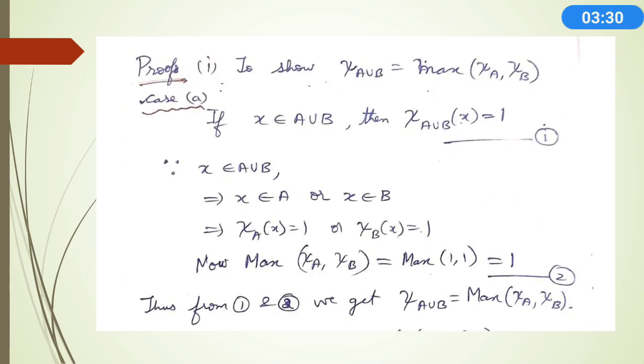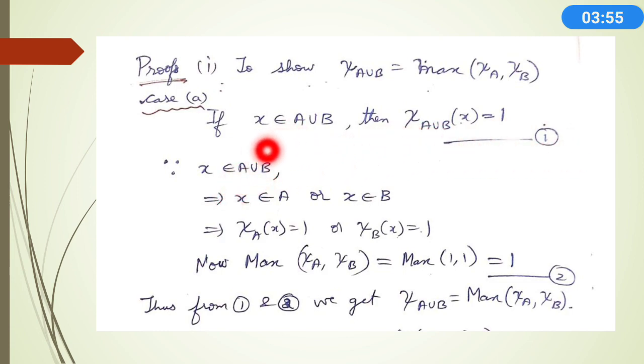Okay, we'll see the first proof, the first subdivision. The first subdivision is this: psi A union B is equal to the maximum of psi A, psi B. Just take an element x belongs to A union B. Now by the definition, psi of A union B is what? 1. Take this as equation 1.